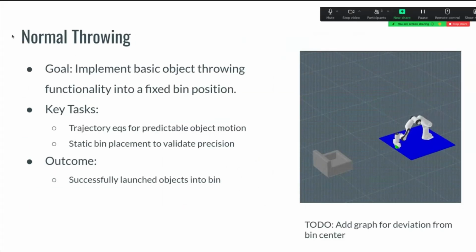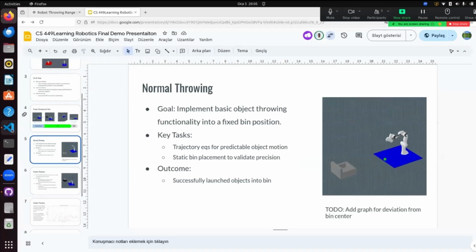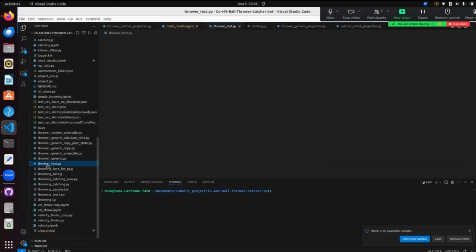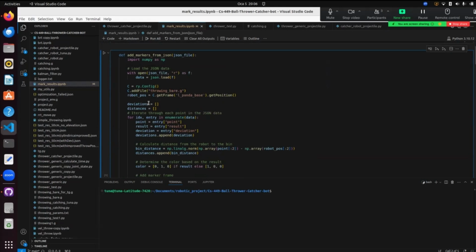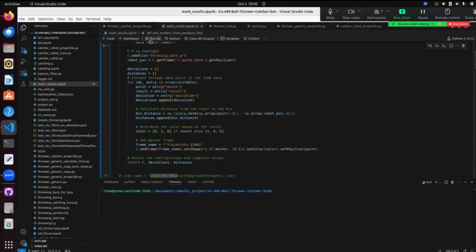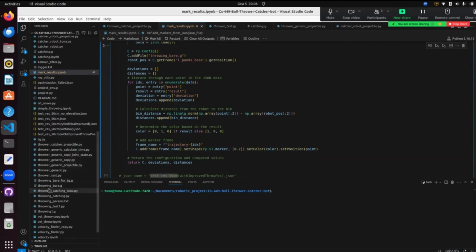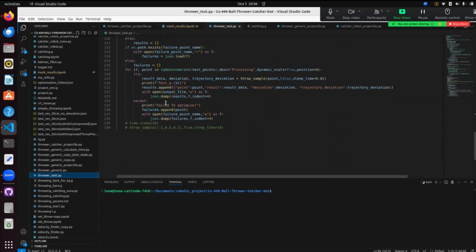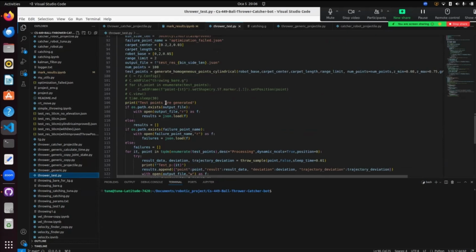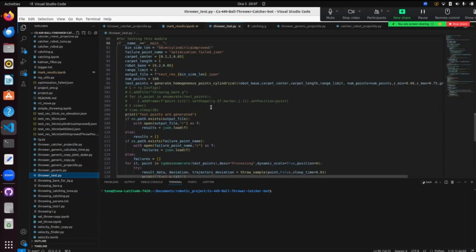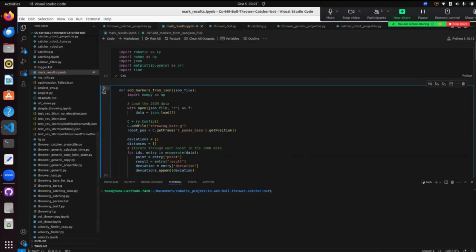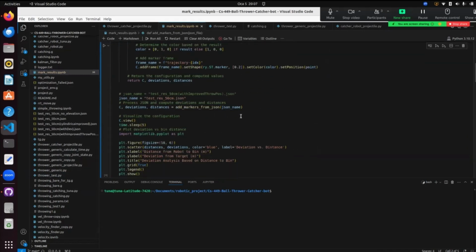The accuracy rate of the normal throwing is tested in thrower tests. We observed that the normal throwing is not generic, and how we did that is that we generated 100 different samples from the range of the throwing, and we checked whether the throw is successful or not for each one, and we had deviation scores as well.